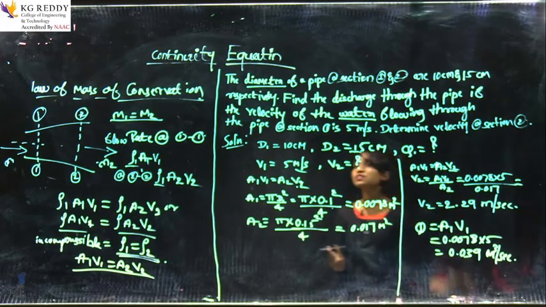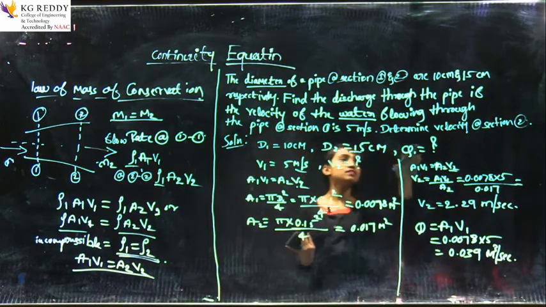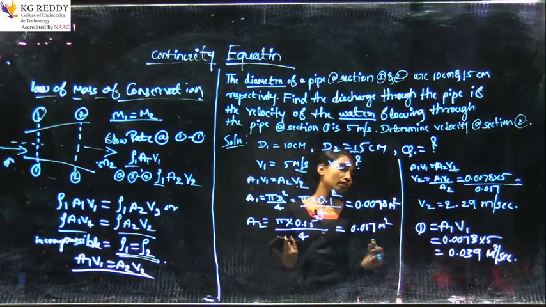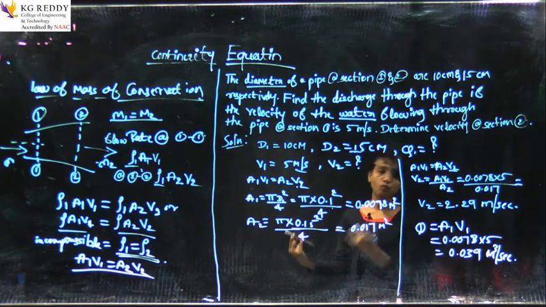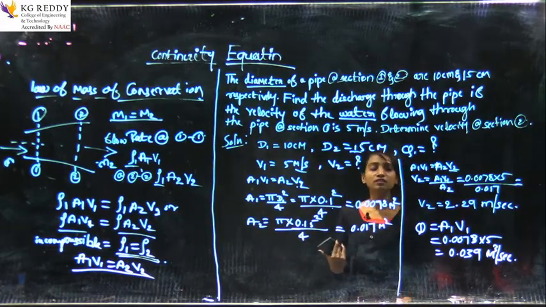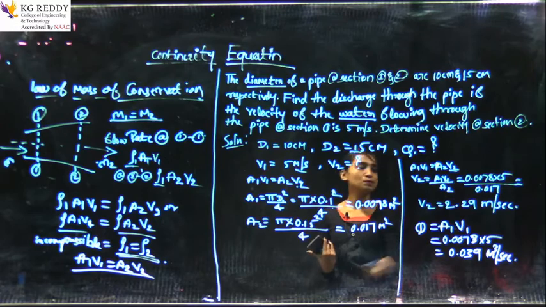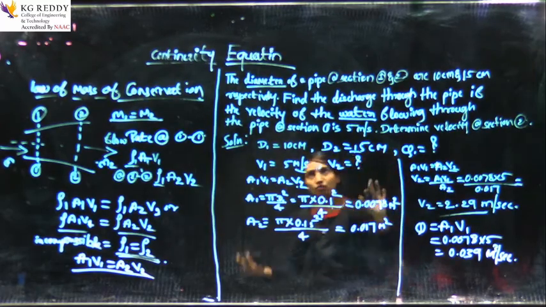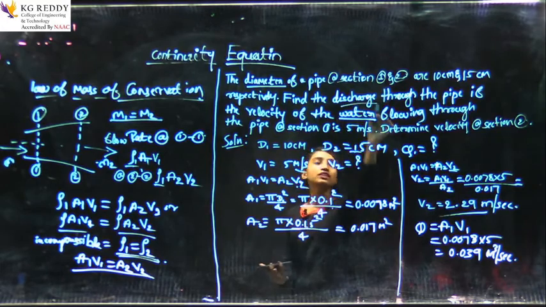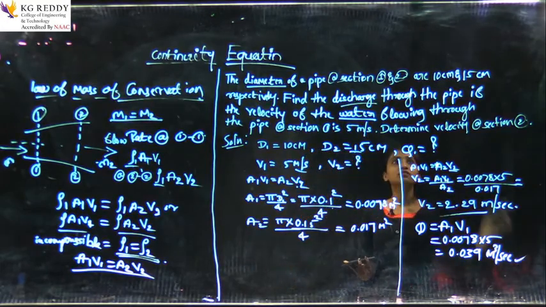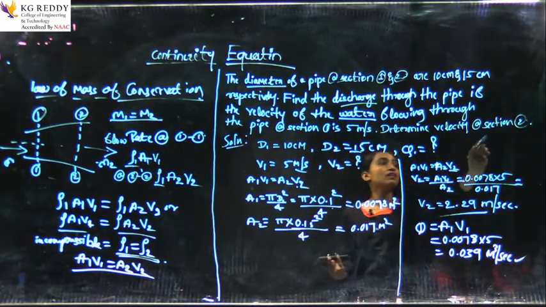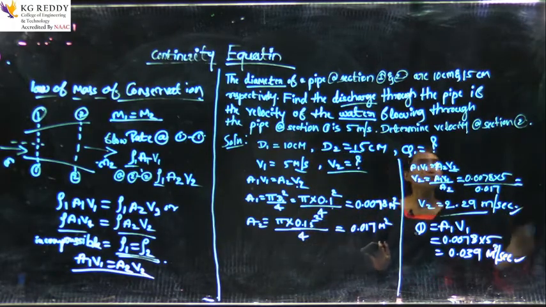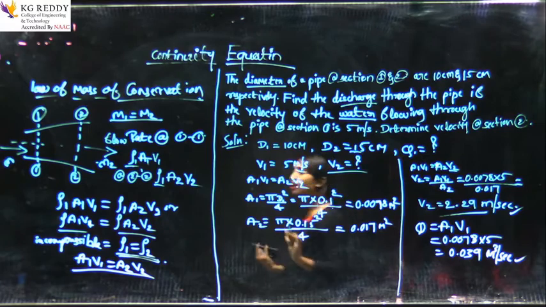You can similarly find the discharge with respect to V2 also. They did not ask, they asked the discharge only when the water enters the pipe. So what they asked, to find the discharge, we also found, and they asked to determine the velocity at section 2, V2 we also got. This is the continuity equation.